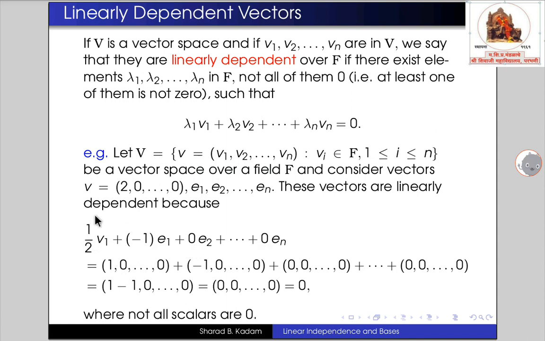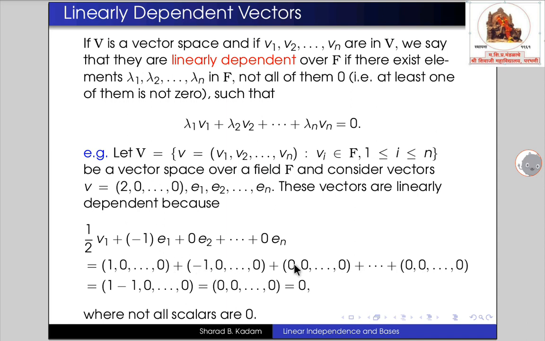Then we get half into V equals the n-tuple whose first component is 1 and other components are 0, plus we multiply E1 by minus 1, so we get an n-tuple whose first component is minus 1 and other components are 0, and since we are multiplying E2, E3 and so on up to En by 0, their product will be the 0 vector.